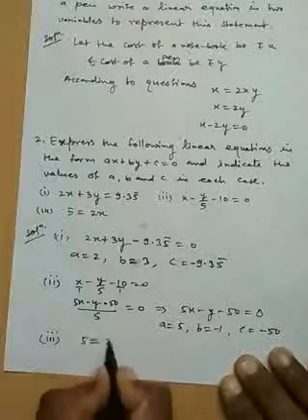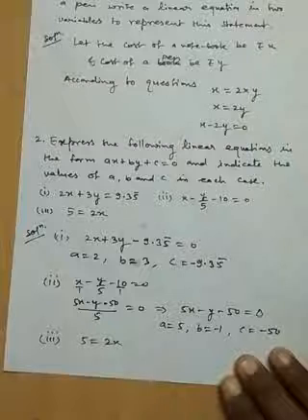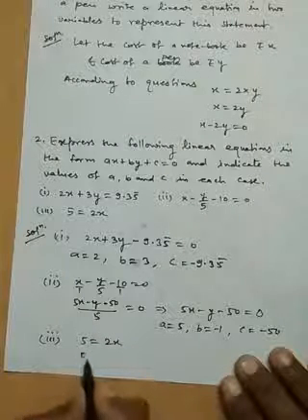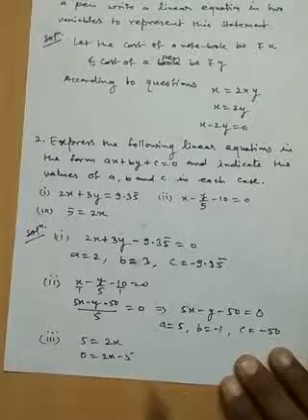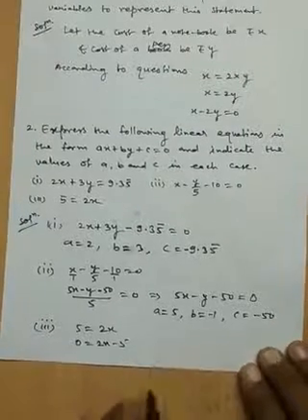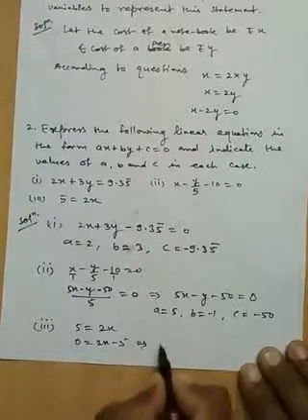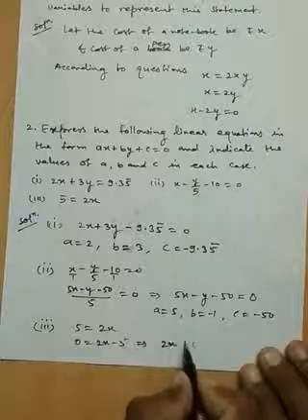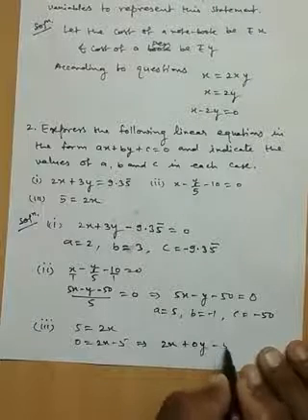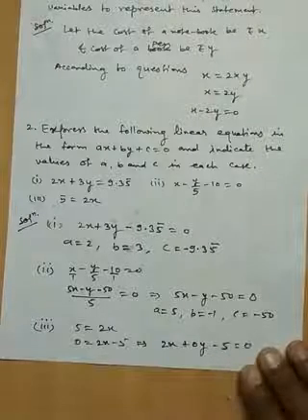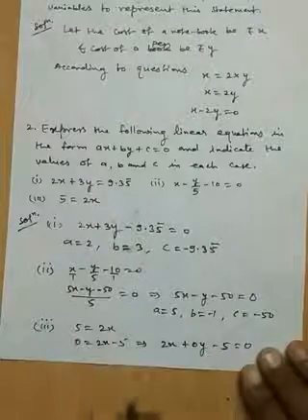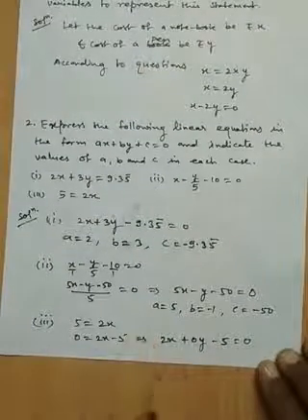5 equal to 2x. Transpose 5 to this side, so 0 equal to 2x minus 5. Again we can write it in this form: 2x plus 0y minus 5 equal to 0. This is in the form of ax plus by plus c equal to 0.